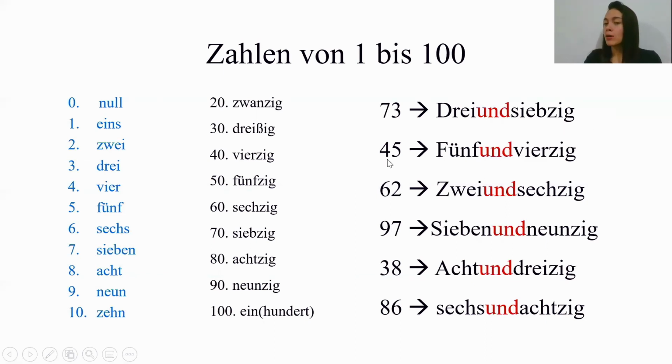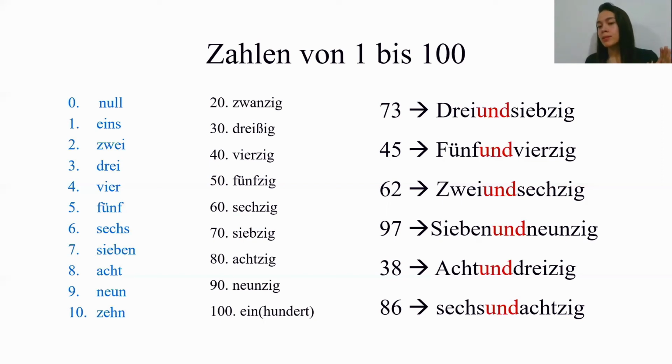When we have 45, we take the 5, we add und then the 40. 45. When we have 62, we take the 2, add und and add 60. 62. As you notice, it's switched around.